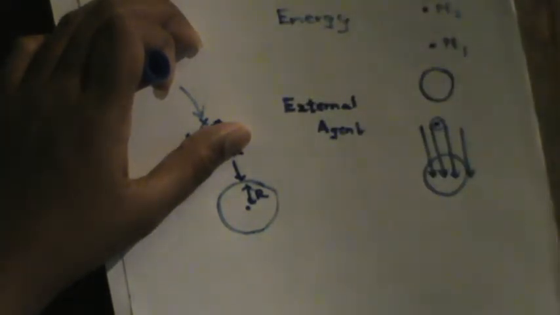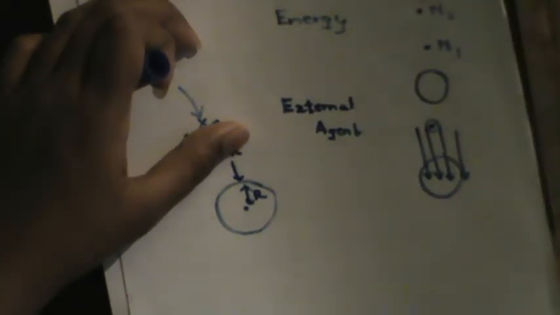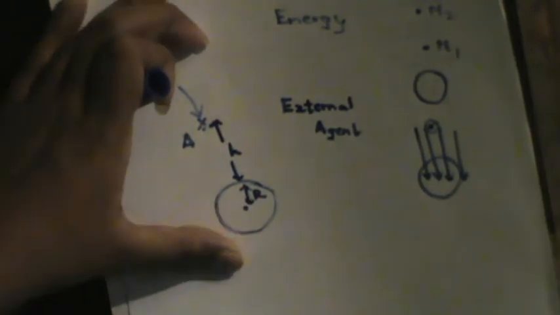Now this object can't do work on the Earth, but the Earth does work on the object. So in this system composed of this object and the Earth, the external agent is the Earth, in moving the body from infinity to that point.